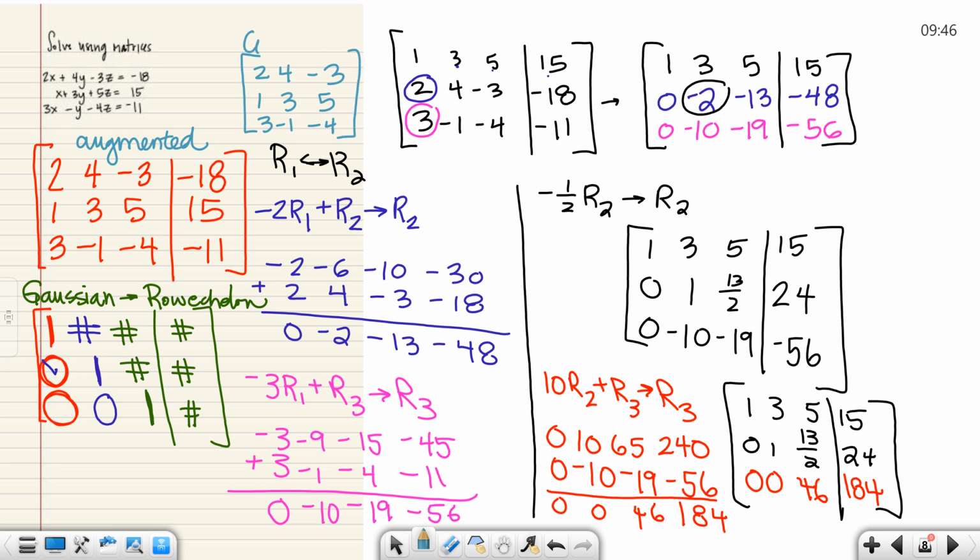And this is the coefficient matrix. Eventually, we're going to talk heavily about coefficient matrices and something called the determinant, and that's when we're going to specifically use the coefficient matrices. But for this test, we're going to use augmented. That's the difference between an augmented and a coefficient matrix.